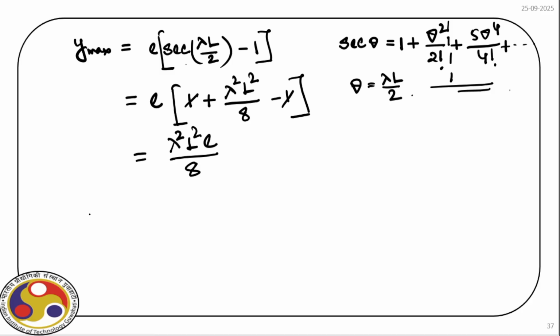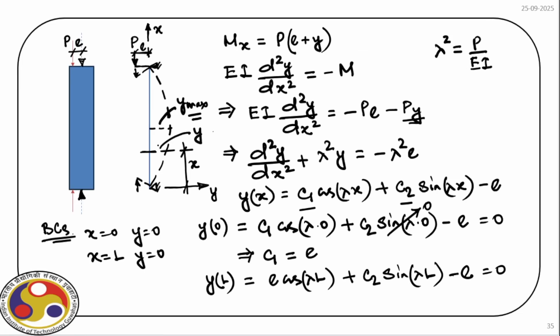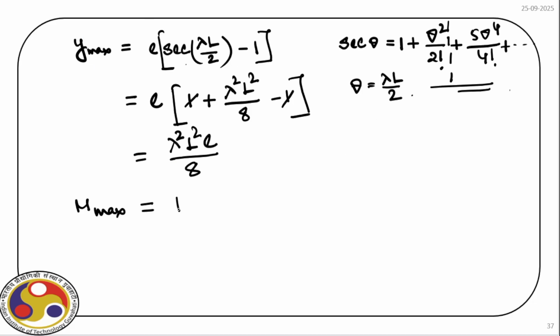Okay, so now we can also evaluate the maximum moment, and for that again let us consider the deformed shape. So we have P, which is with the eccentricity E, and obviously the maximum moment here at the middle is P times E plus Y, but Y at the middle is Y max, right? So the expression for maximum moment is P times E plus Y max.